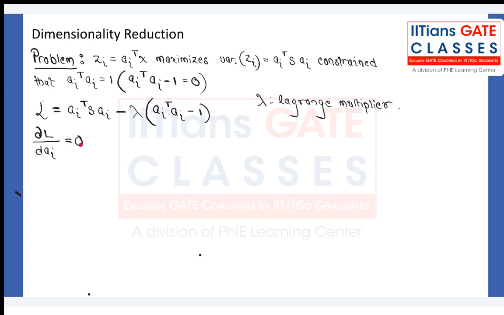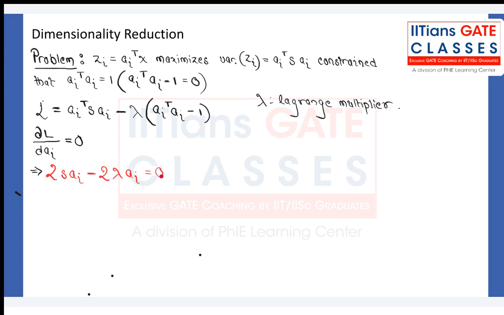If I differentiate the above equation, I get 2 times S AI minus 2 times lambda AI, equal to 0.